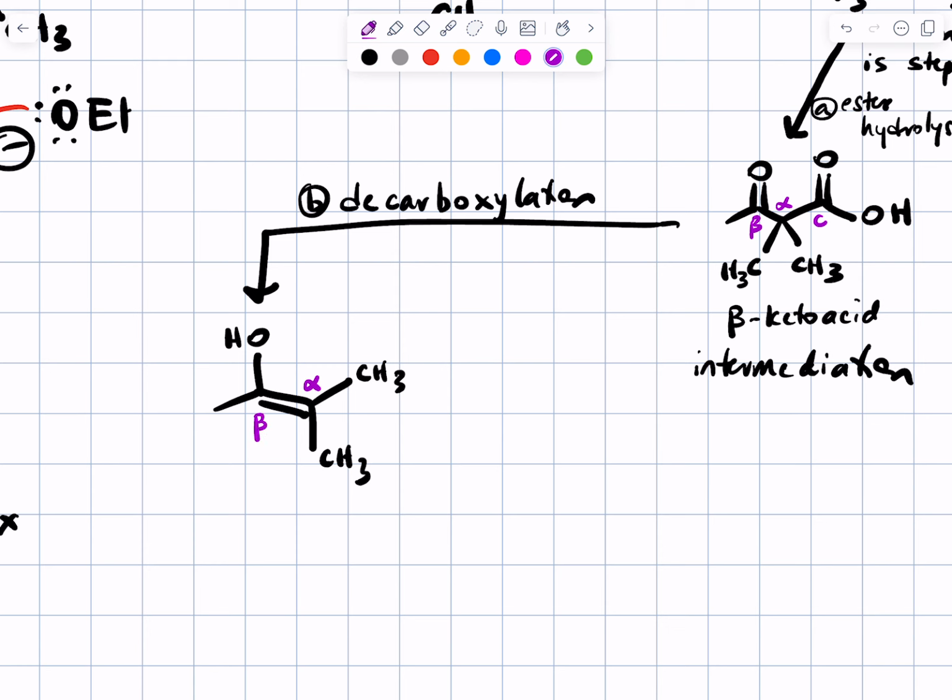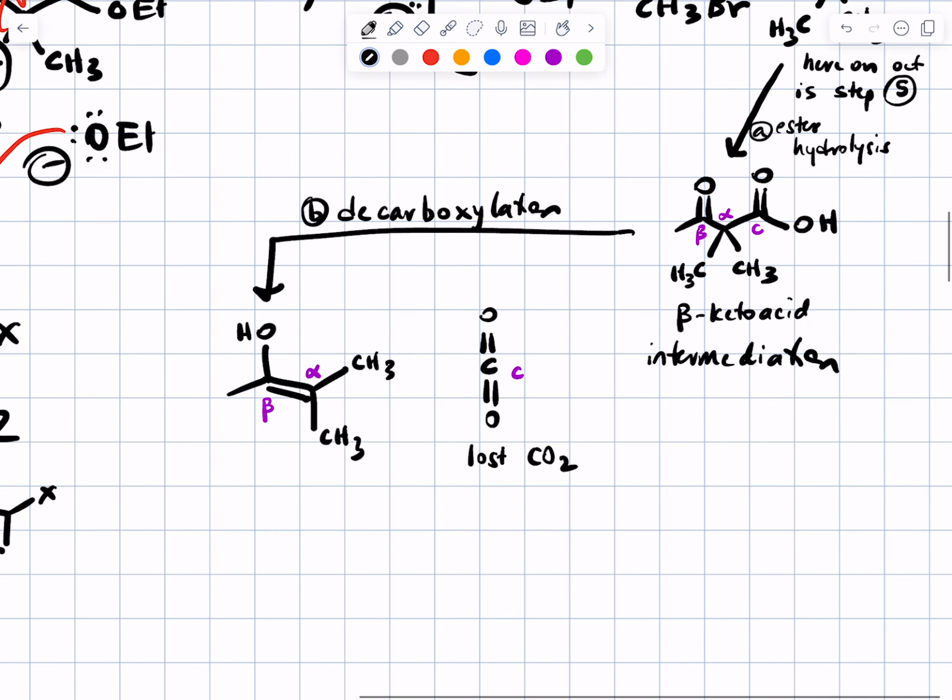Here's what used to be the beta carbon, and then over here is what used to be the carbonyl carbon, I'll call it C, and that is CO2, which is lost, meaning it goes away with the air. The product of step 5B, or phase 5B, is, you will note, an enol.